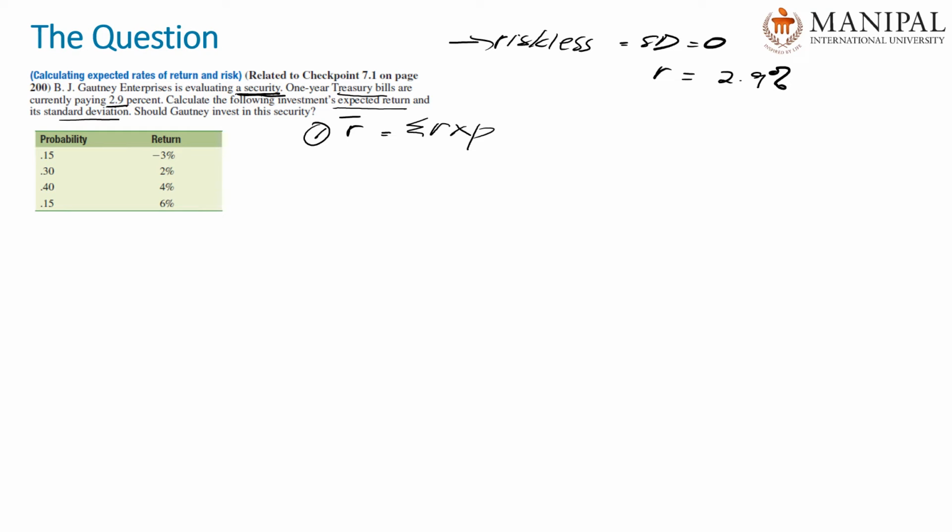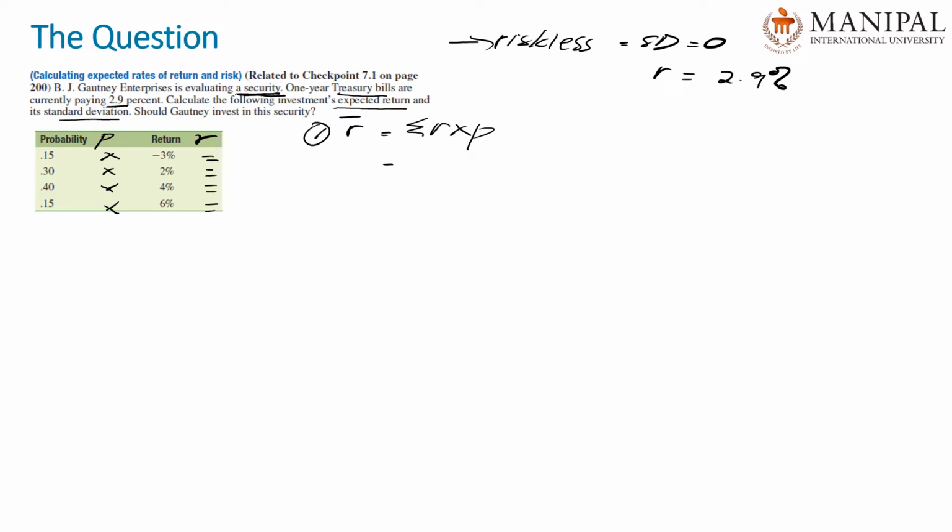Why do I put summation? Because there are 4 probabilities and returns, so we have to calculate each one of them. This is R, this is P. Basically you just have to multiply these, and whatever results you get, you just have to sum them up. That is basically how you calculate expected return for this question.